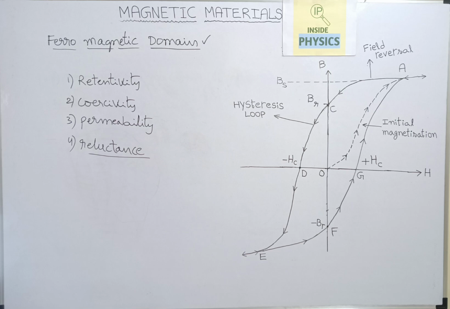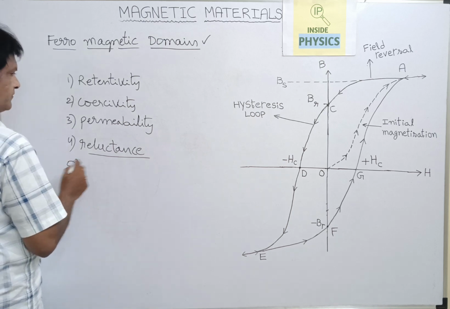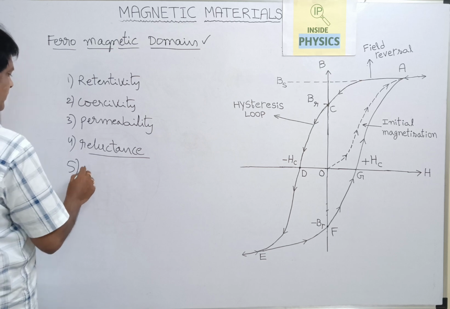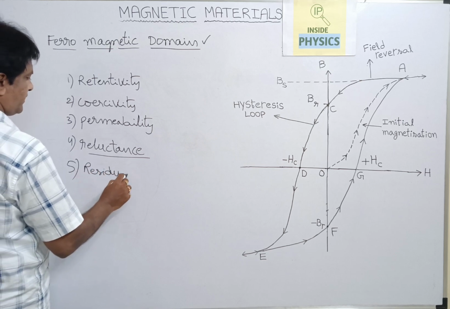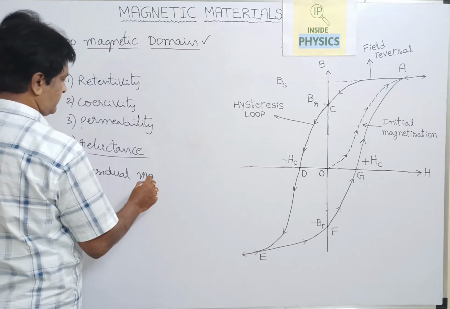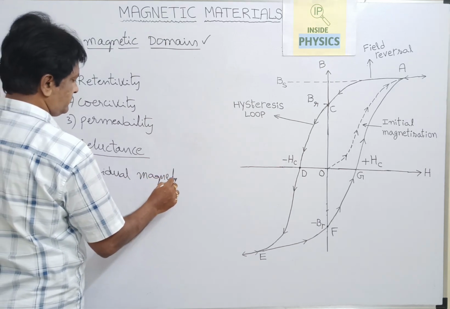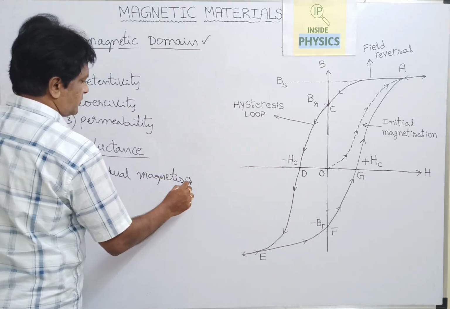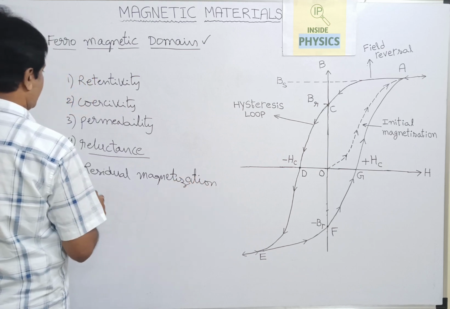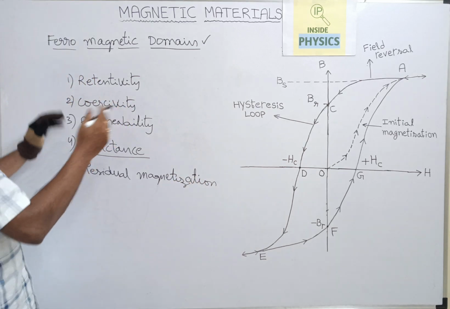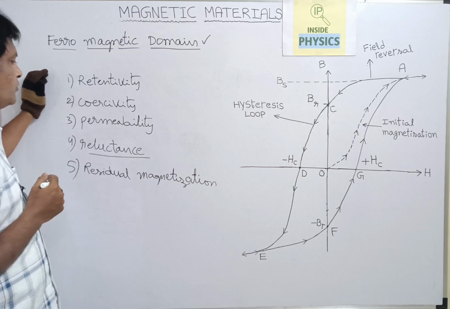And the next one is residual magnetization, or residual flux, which we also discussed just before. So these are the basic magnetic properties that we can understand by studying the hysteresis loop.